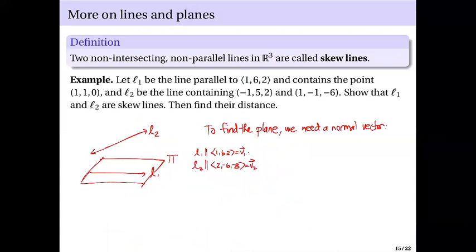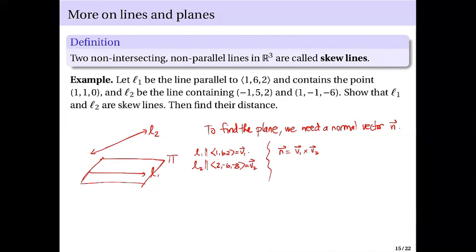Let's label the normal vector n. So we need a normal vector n, and this is equal to V1 cross V2.